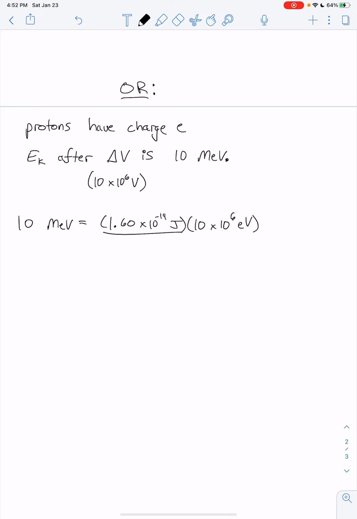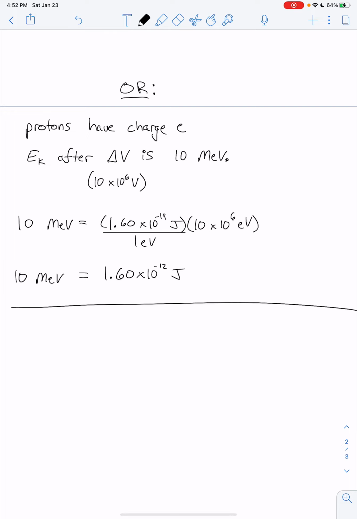This is joules over 1 eV times this many eV. And so from this, we get that 10 MeV is equal to 1.6 times 10 to the negative 12 joules. Awesome.